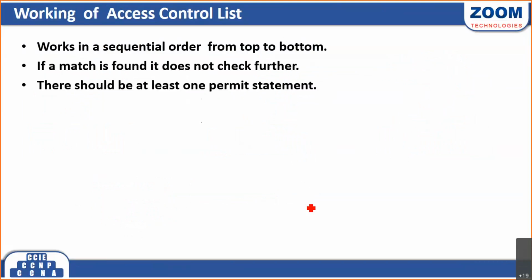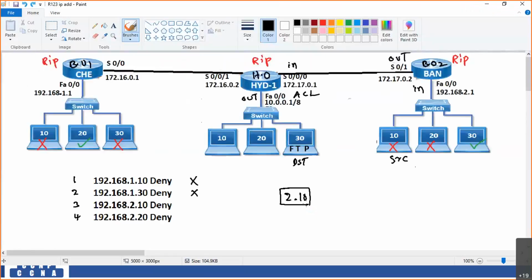And one more point is there should be at least one permit statement. What does that mean? Here four rules are available, but all four are deny rules.